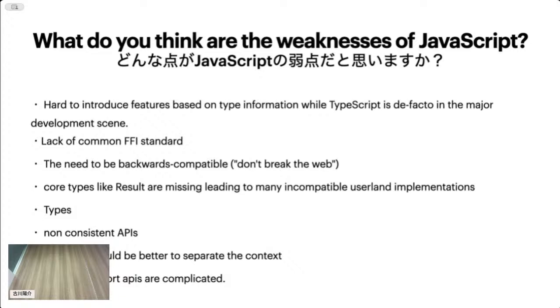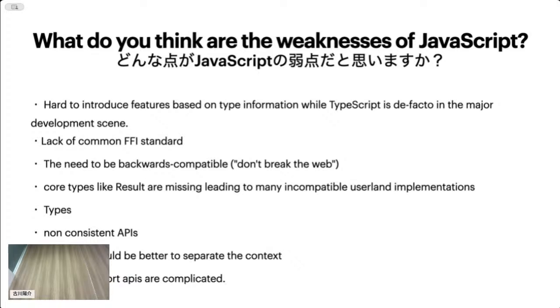Well, if you want to add things like Result, then I think the implementers may not want that because it can be implemented in userland and they need to keep the engine small. For example, languages like C++ or Rust have very rich collection APIs, like a lot of different kinds of maps, but we do not have that in JavaScript yet.